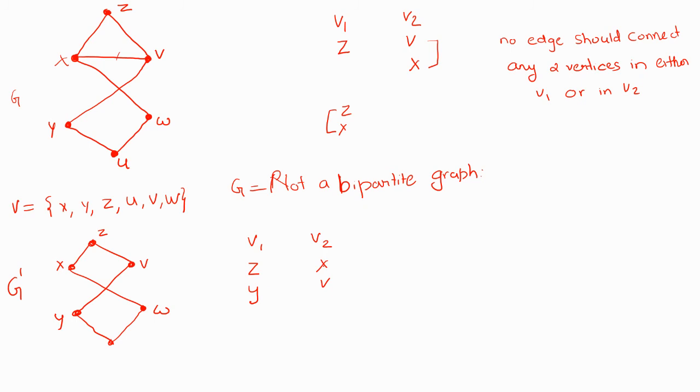Again, from X to W, I have an edge. Therefore, I'll put this W in V1. Again, between Z, Y, and W, there does not exist any edge. Okay, so there is no issue. Now, Y and W have an edge to U. Therefore, U cannot be included in V1. Therefore, U has to be included in V2.